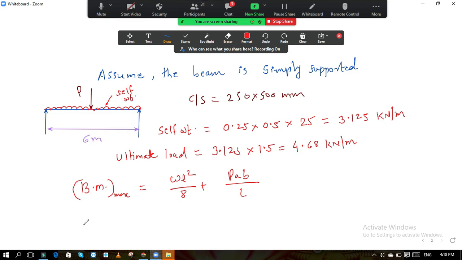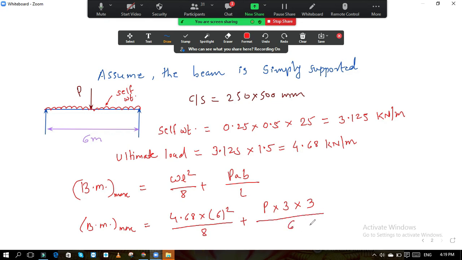So now your maximum bending moment is equal to W, it is 4.68 into L square, that is 6 square, divided by 8, plus P as it is into ab. a means distance from left hand and b means from right hand, divided by L, it is 6.